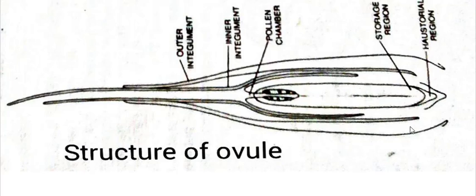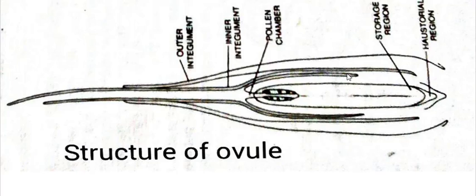This is the outer integument, which is fleshy and cup-like, attached to the ovule at the basal part only, and above it is free. Then inner to this, the inner integument is present, which is delicate, and it is also free.